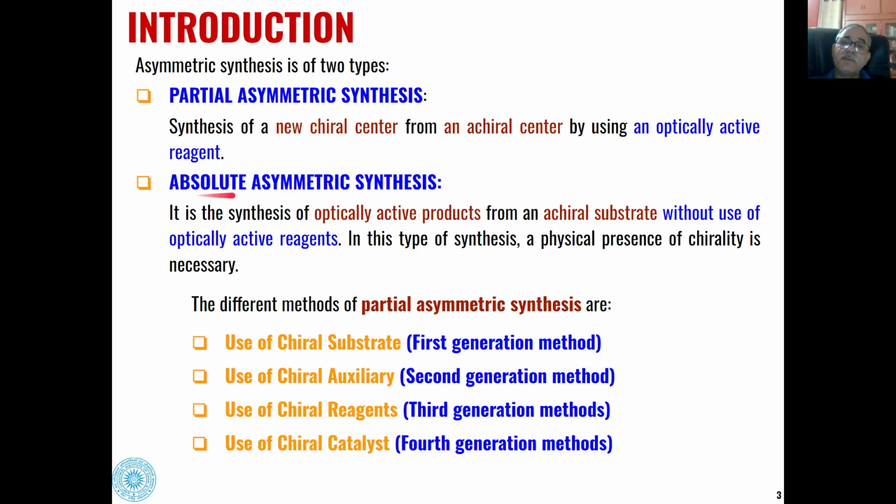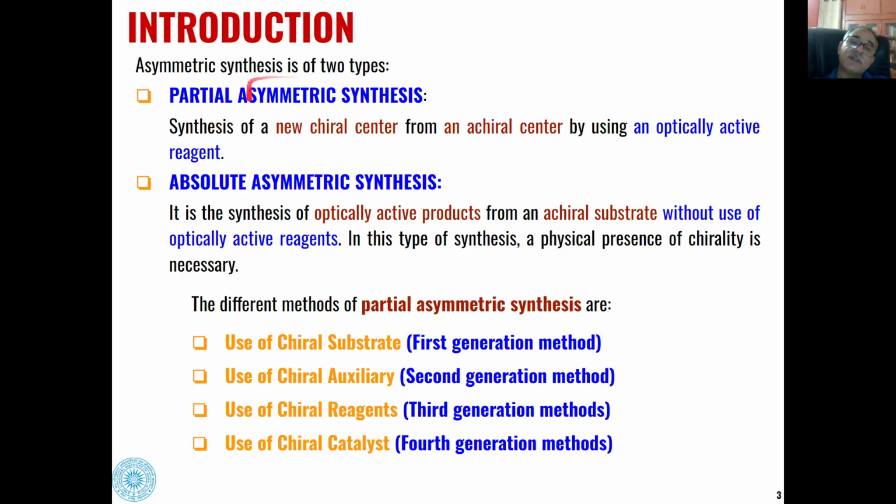Whereas absolute asymmetric synthesis is where synthesis of chiral products or optically active products is done from an achiral substrate without the use of an optically active reagent. So the difference between these two is that here we will use an optically active reagent, whereas in absolute asymmetric synthesis we will not use any optically active reagent.